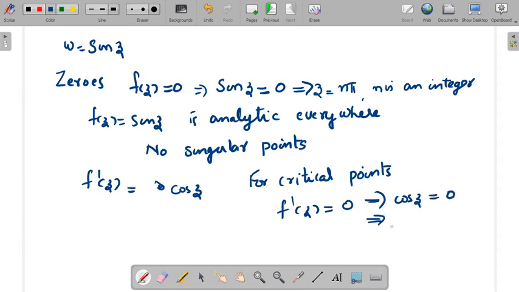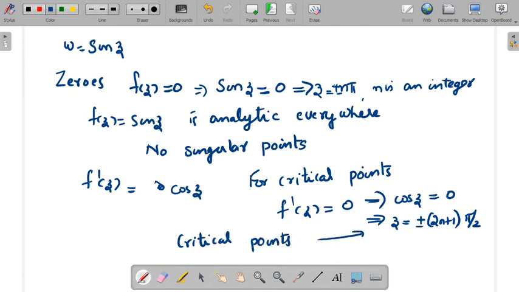And cos z equal to 0 when z is an odd multiple of pi by 2. So plus or minus 2n plus 1 pi by 2. And for all odd multiples of pi by 2, cos z is equal to 0. So the critical points of this function are z is equal to plus or minus 2n plus 1 pi by 2.